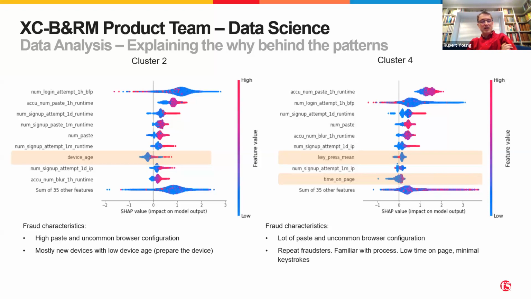We then try to explain to the customer what these might actually mean about what the attacker is doing. Cluster 2 is indicating that they have a lot of pasting and an unusual browser type, and they're using mostly new devices with low device age, which means they're replacing their device ID or using lots of different devices for the attack.